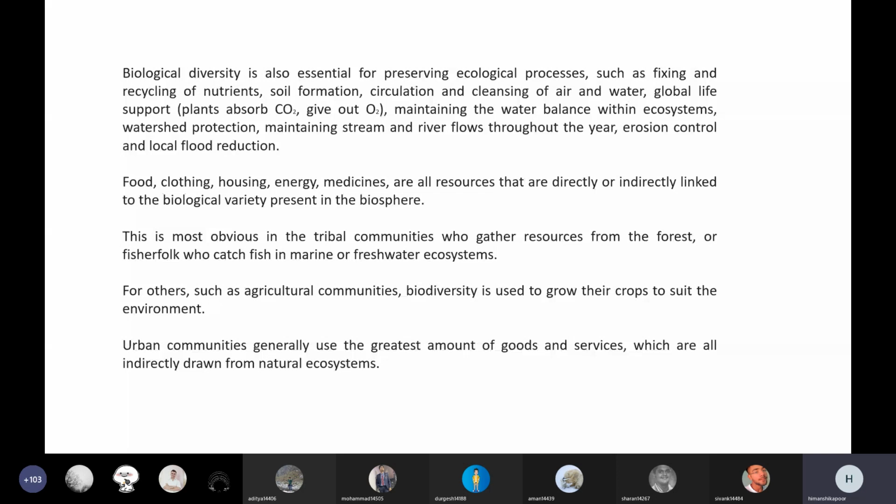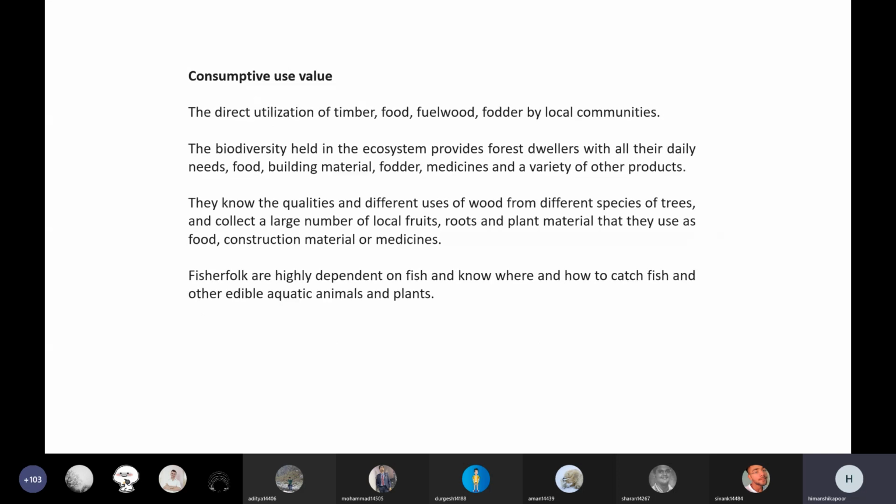So this was the holistic view of the value of biological diversity. So now this value is further divided into subcategories. So एक holistic picture तो हमें मिल ही गया है, but अब हमने different categories में divide किया है biodiversity के values को. So the first value in that is the consumptive value.